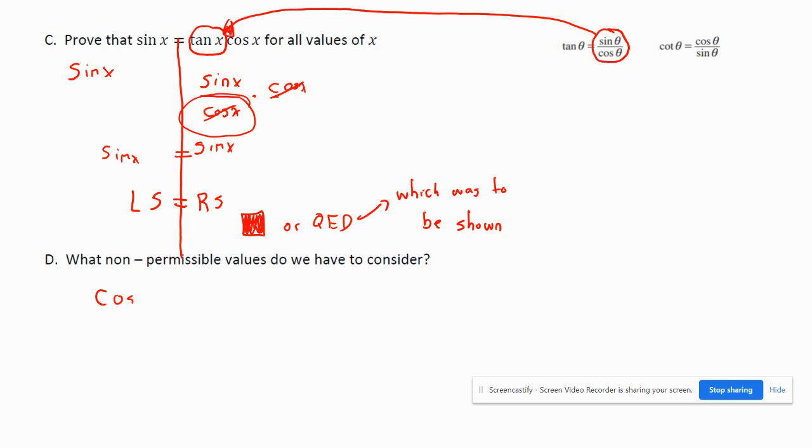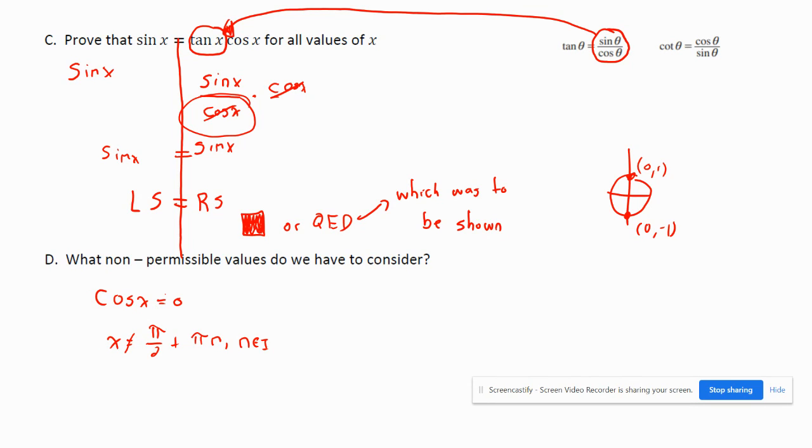So when cos x equals 0, that means x equals pi over 2 plus pi n, where n is an integer. I'm getting this off my unit circle again. Where does cos equal 0? Here at pi over 2 and 3 pi over 2, so this is like (0, 1) and (0, -1). So these two spots, it's going to be pi over 2 plus pi n. What I should say is cos x cannot equal 0, therefore x cannot equal pi over 2 plus pi n.